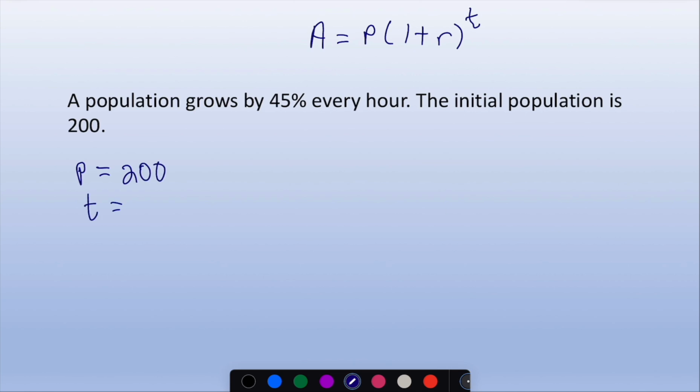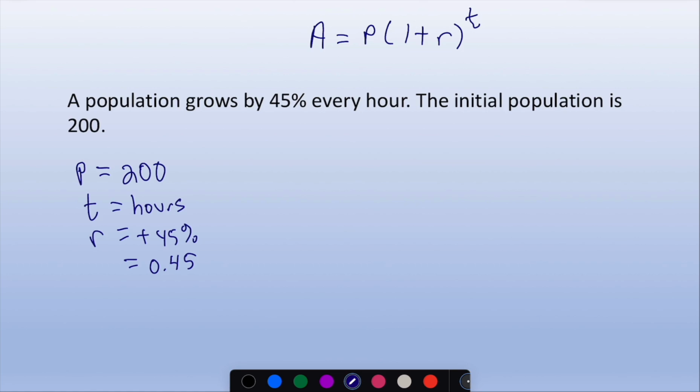Our time is hours. And our rate is a 45% growth. So it's going to be a positive 45%, which most of the time we're going to use that decimal equivalent. So move that decimal 2 places to the left or divide by 100. It's 0.45.